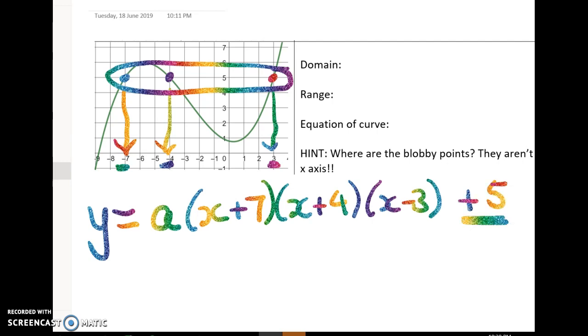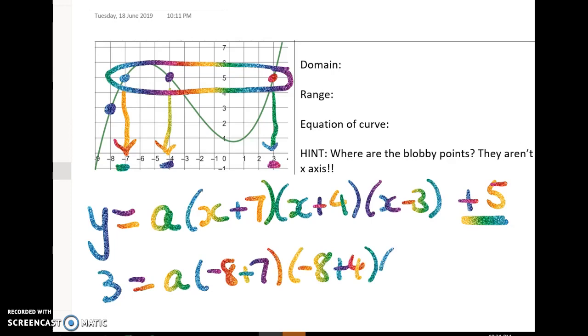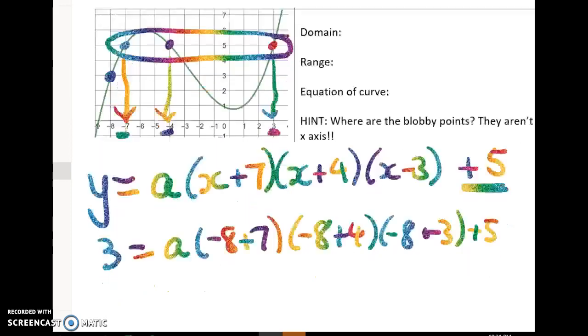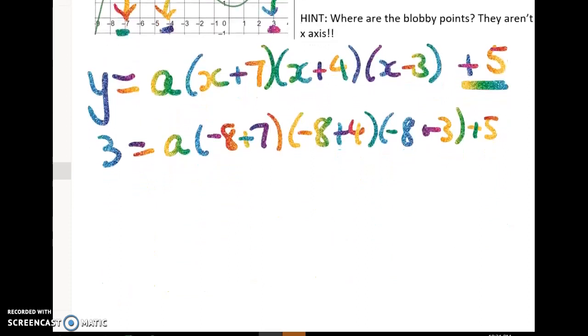And now I'm going to substitute a point, and I'm going to use a nice easy point. Now, if I haven't got a blobby point, I am just going to estimate, right? But here I can use (negative 8, 3). So I get 3 is equal to a times (negative 8 plus 7)(negative 8 plus 4)(negative 8 minus 3), plus 5. Right, so very quickly doing this, what do I get?